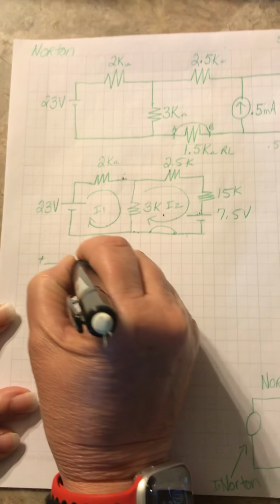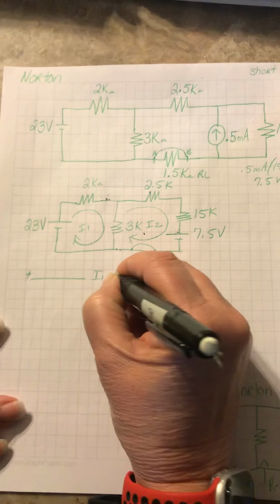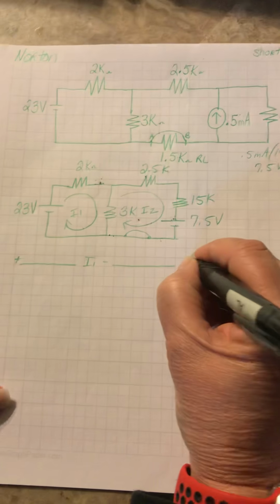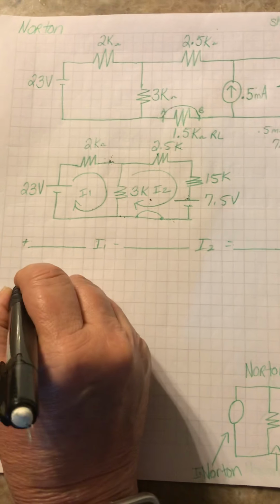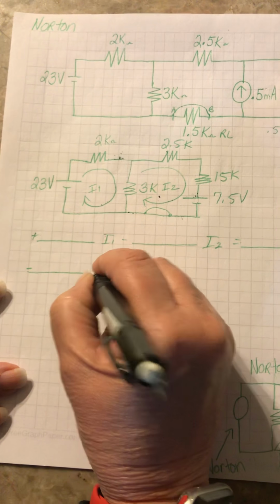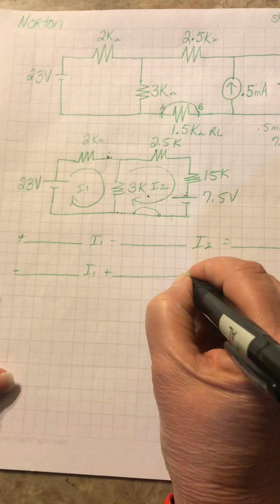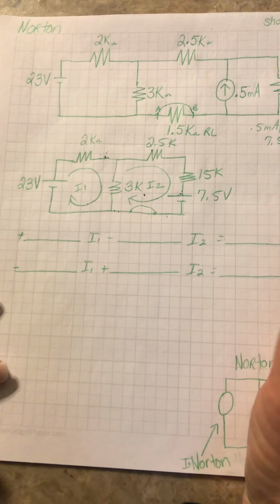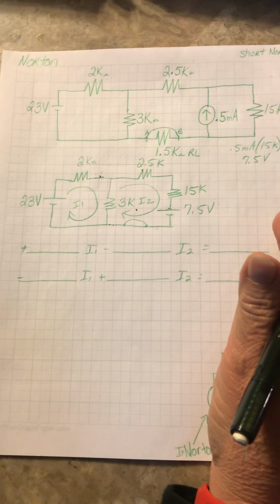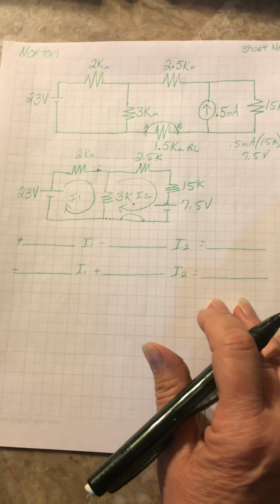So plus something I1 minus something I2 equals something. Then it's negative something I1 plus something I2 equals something. So with the format approach, when you're using mesh, make sure that you write the format.